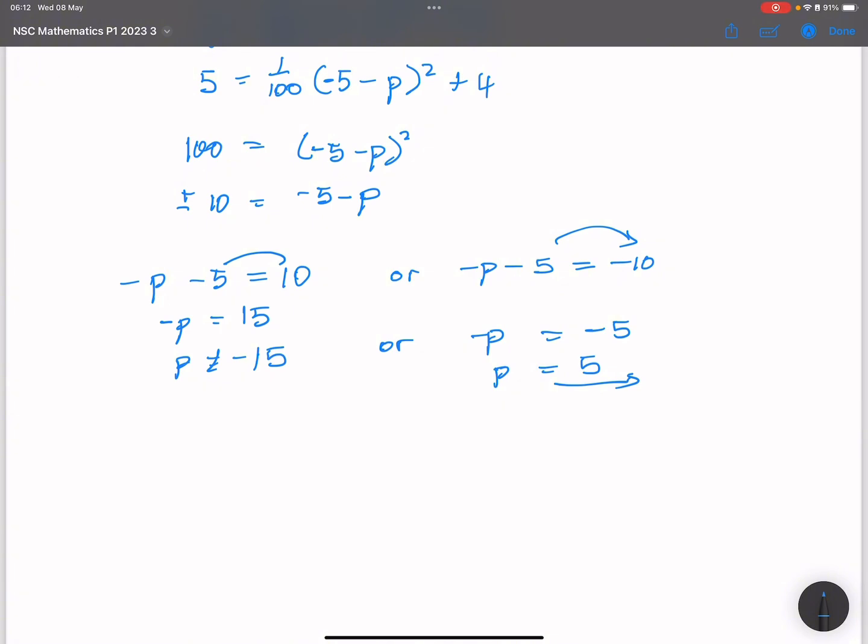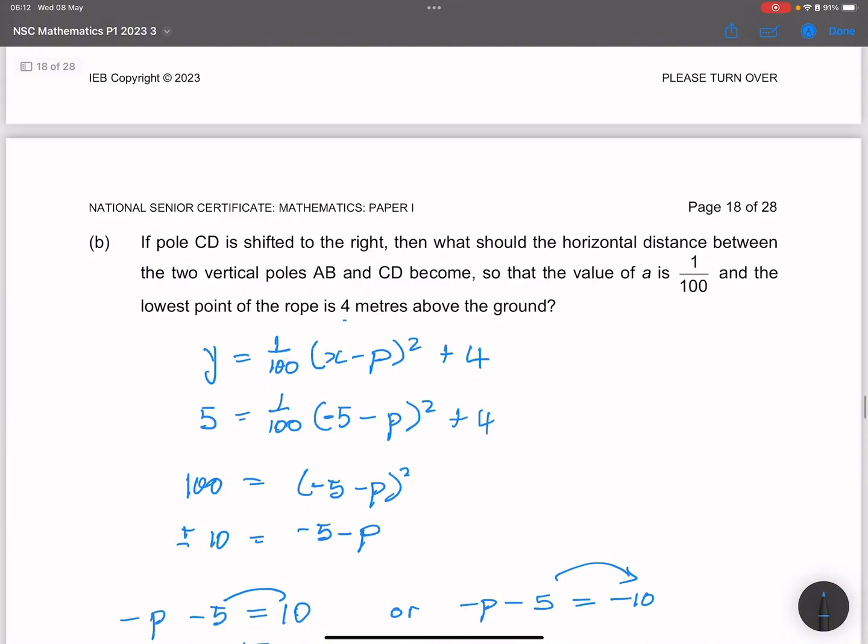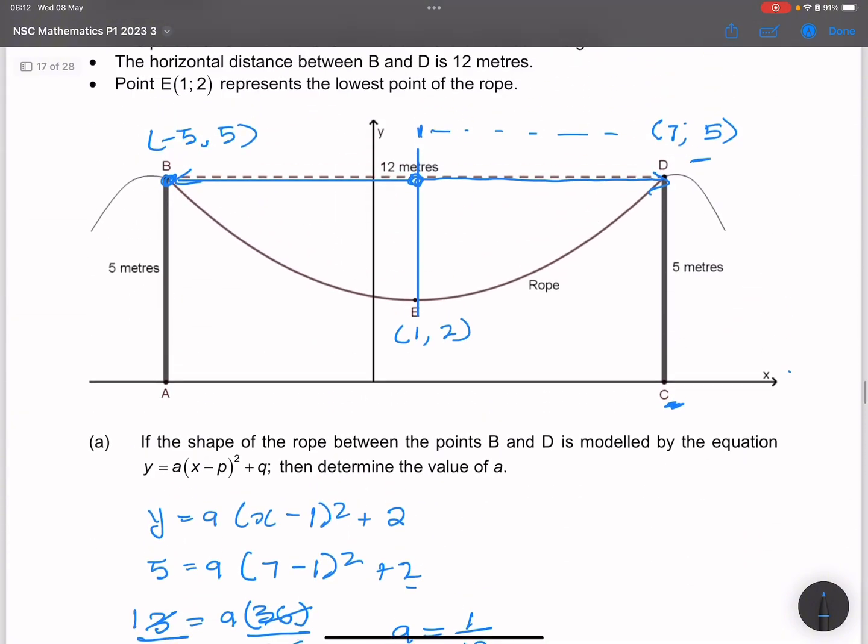And if it is at 5, then the y value, the other point, is still fixed, right? So my turning point would now be at 5, and what was the y value? I think at 4, right? We said at 5 and 4.